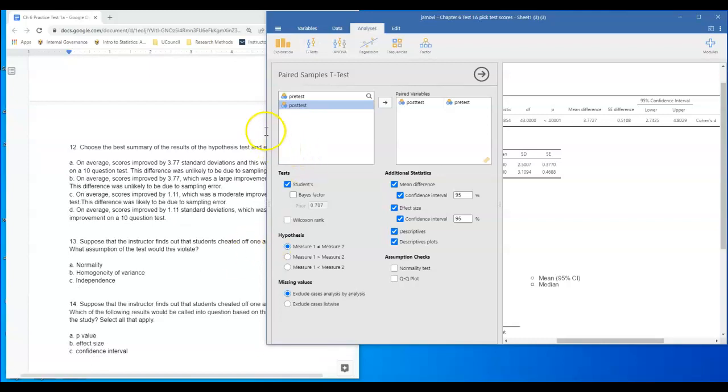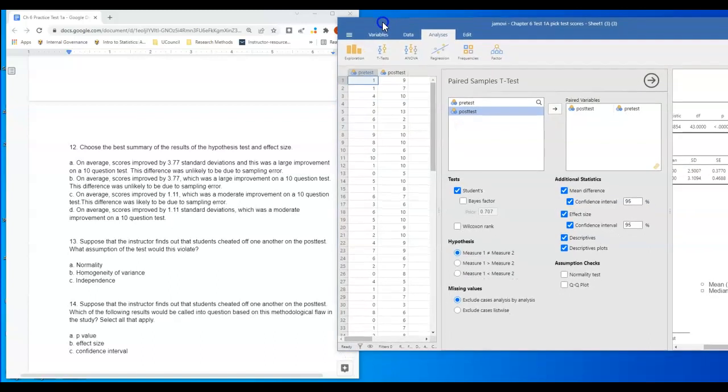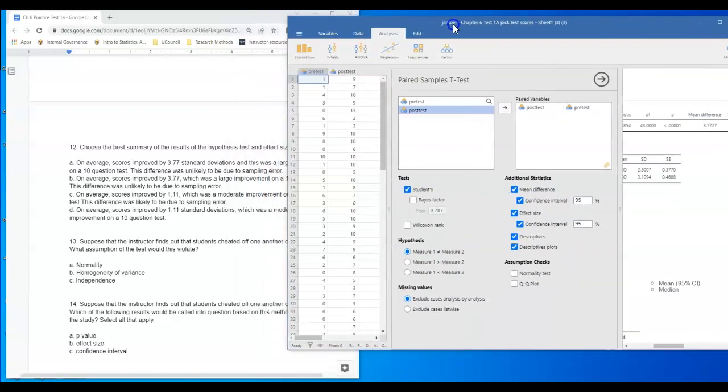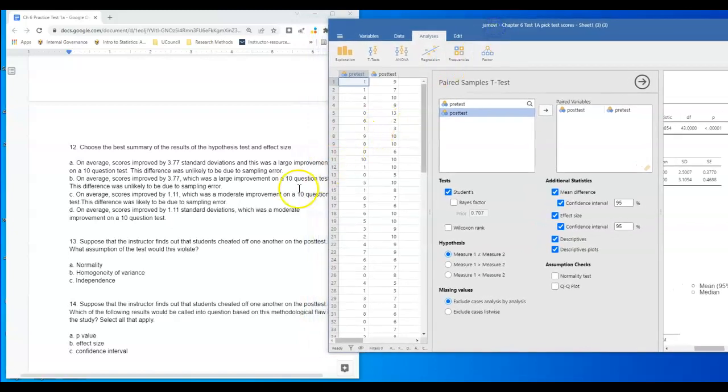All right, next we need to choose the correct summary of the hypothesis test and the effect size. So we know that our mean difference was 3.77 and our standardized effect size was 1.11. So we know that on average scores improved by 3.77 units. This was in raw score units.